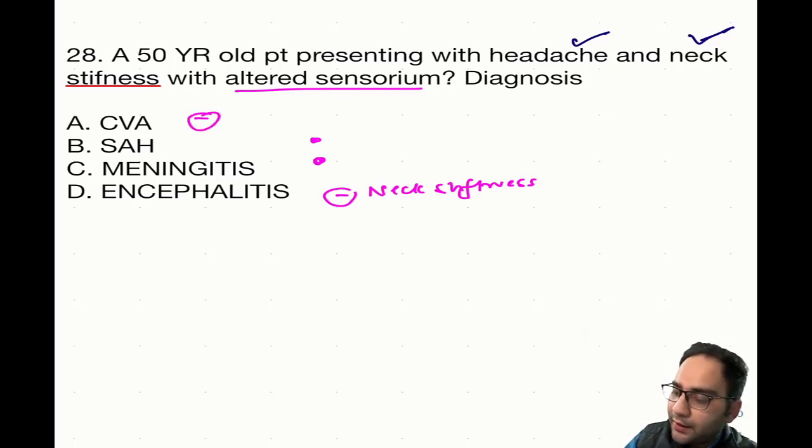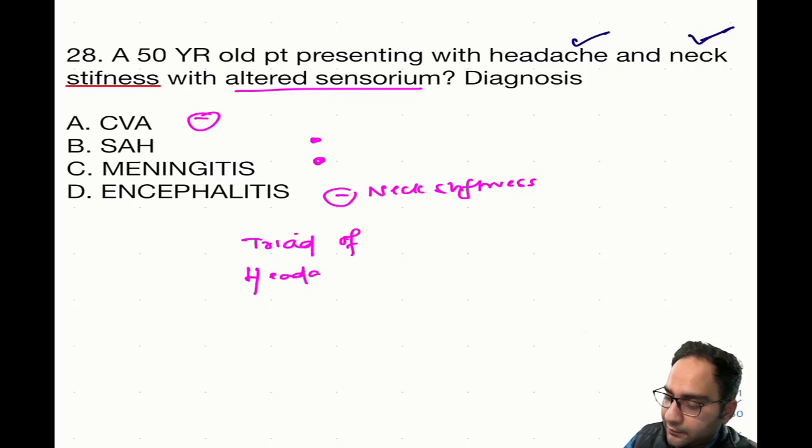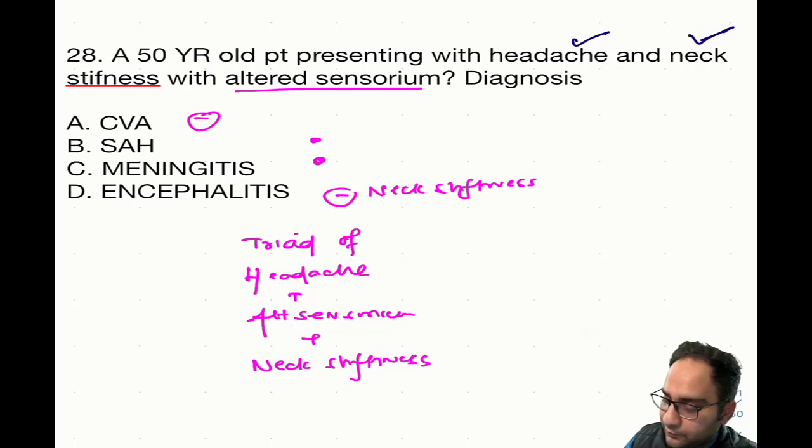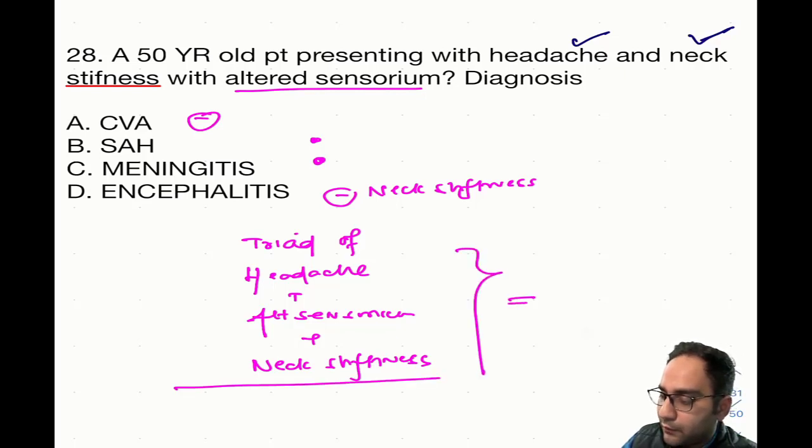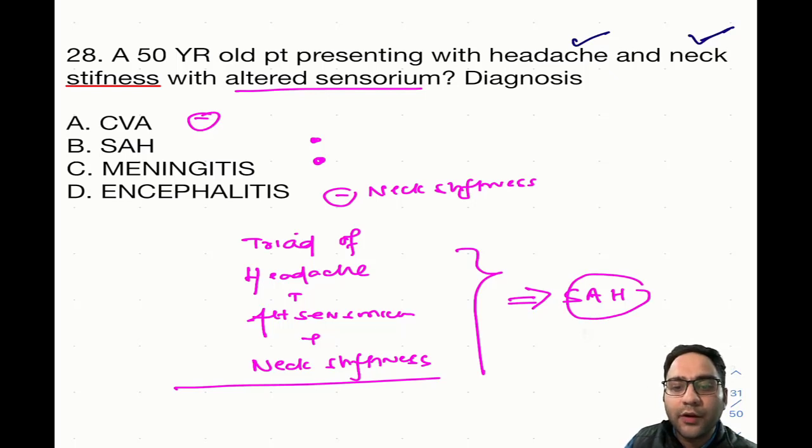So whenever you are getting this triad of headache, altered sensorium plus neck stiffness, you should always think of subarachnoid hemorrhage.